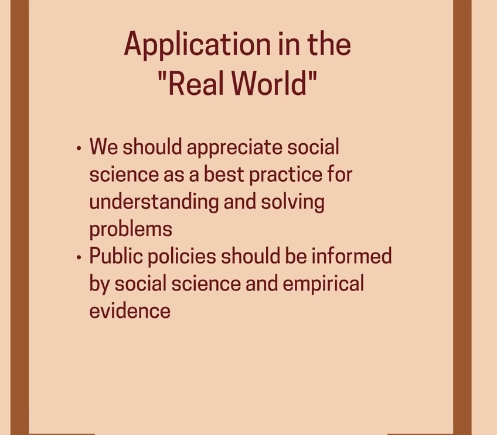So we can apply this in the so-called real world by trying to appreciate that social science is what I've called here a best practice for understanding and solving problems. And because social science is this best practice, because it's trying to be unbiased and because it's trying to be detached, we should, in my opinion, consider very strongly that public policy should always be informed by social science and by empirical evidence.